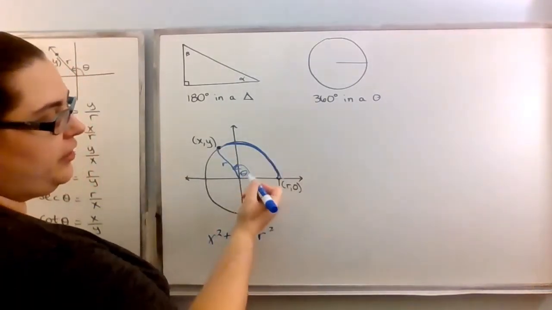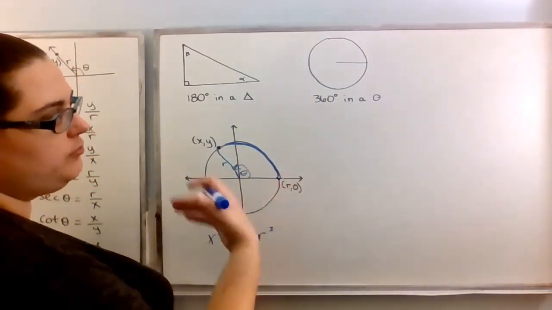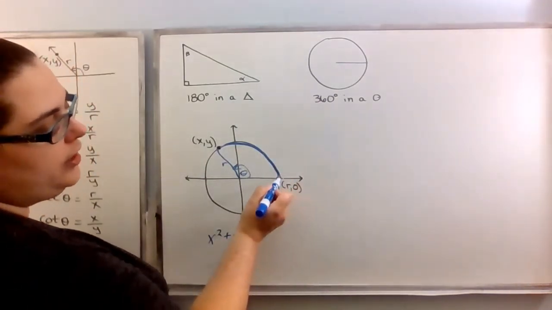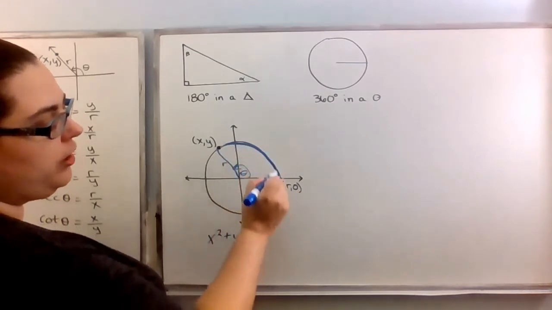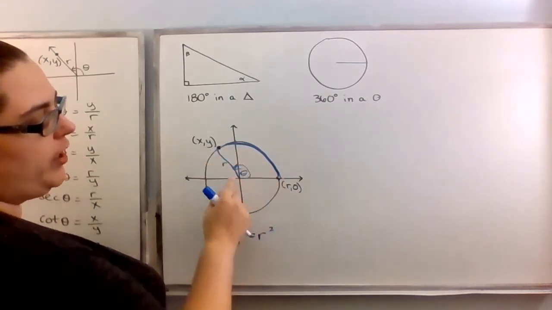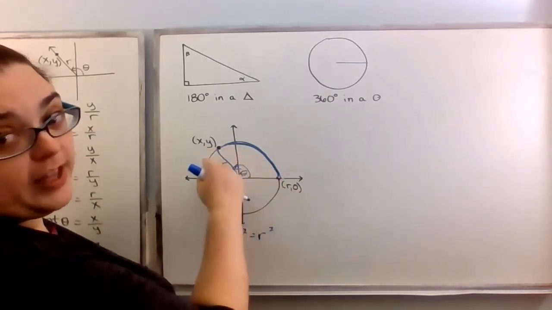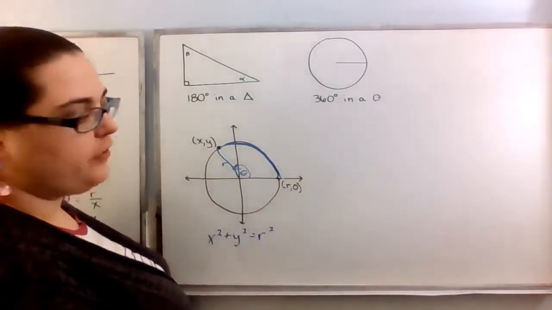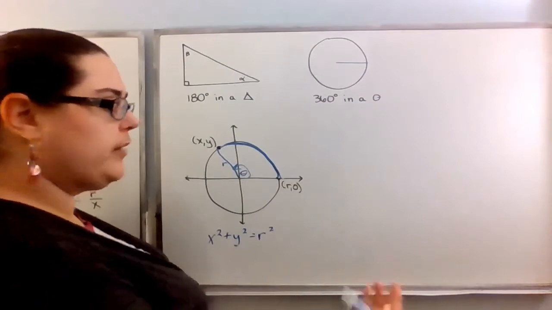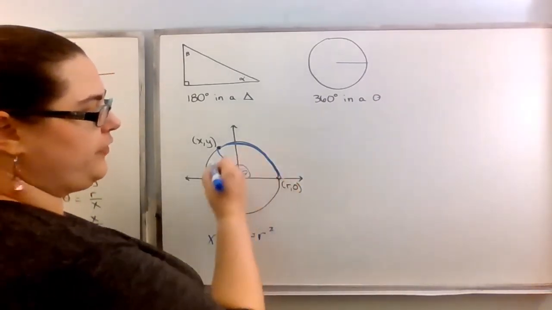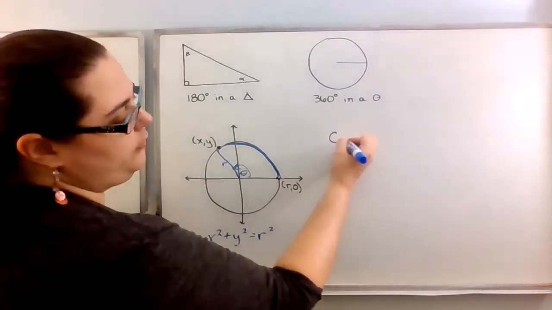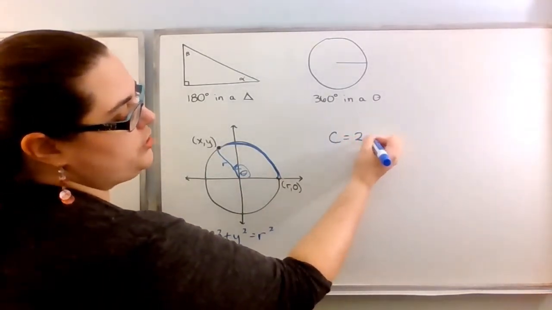Instead of thinking of an angle in terms of fractions of 360, we're going to ask, what is the length of the arc that I carve out when I move that angle? So let's think about the arc length of a whole circle. That would be the circumference. The circumference of a circle is 2 pi r.